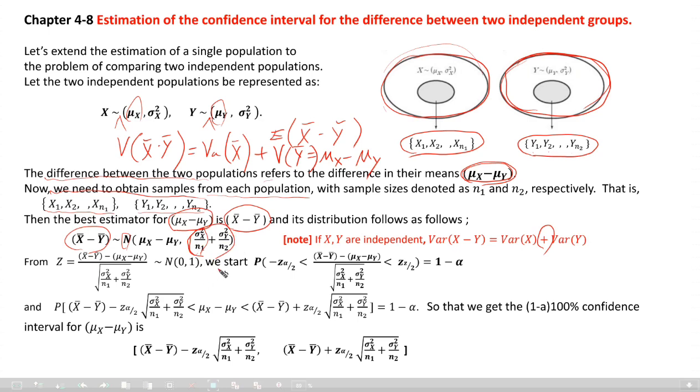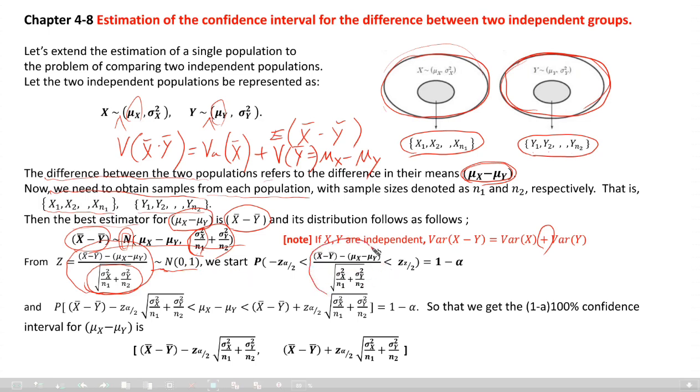Then it becomes simple because when we know the best estimator's distribution like this, especially a normal distribution, we have to standardize it like this. What is this? How do we call it? It is the standard error of x bar minus y bar, right? And it follows a normal distribution with mean 0, variance 1. And we start again.